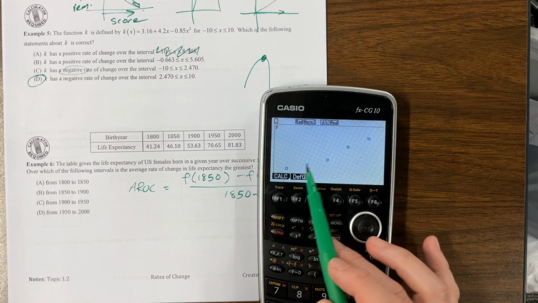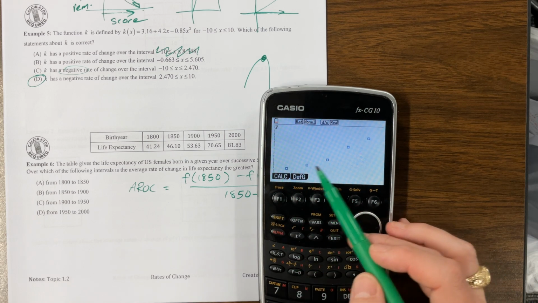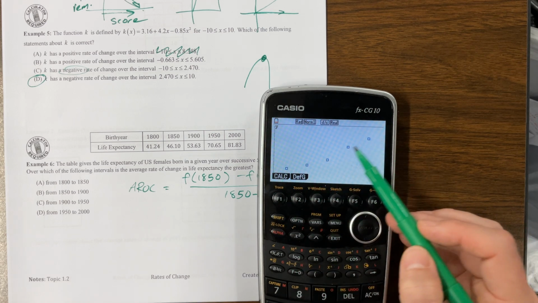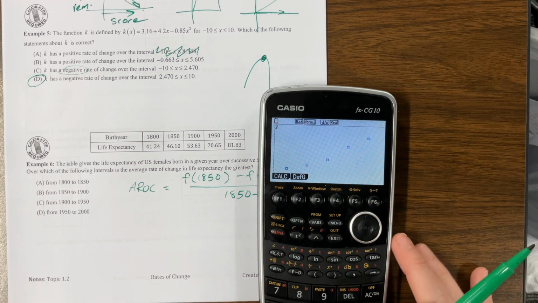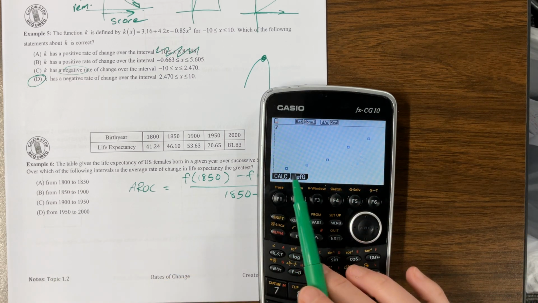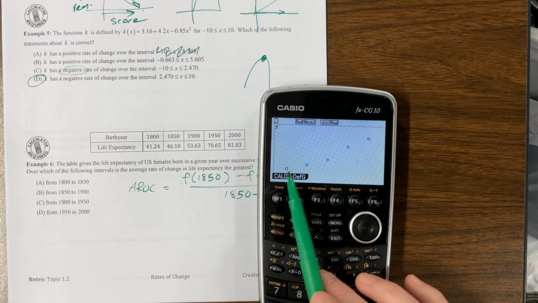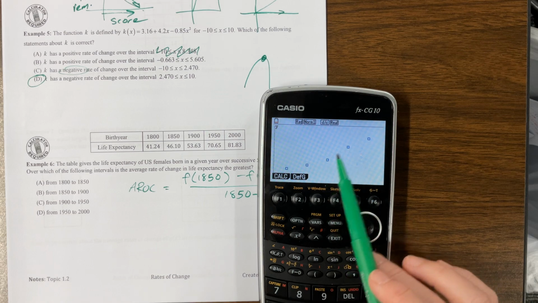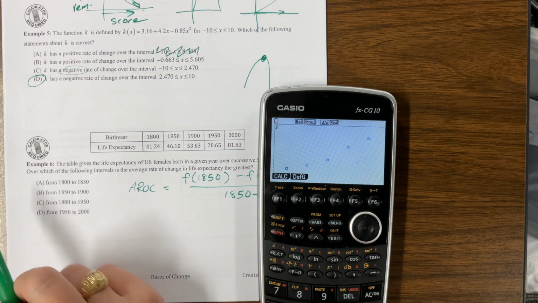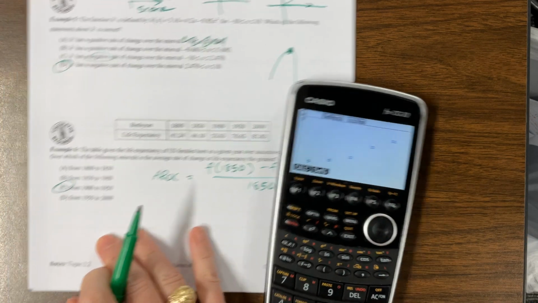So my average rate of change here is kind of shallow. It's a little steeper. It's more steep. It's less steep. So I would guess it's probably these two. So this was 1800, 1850, 1900, 1950 to that. So I think this is the most steep. So what did I say, 1900 to 1950?